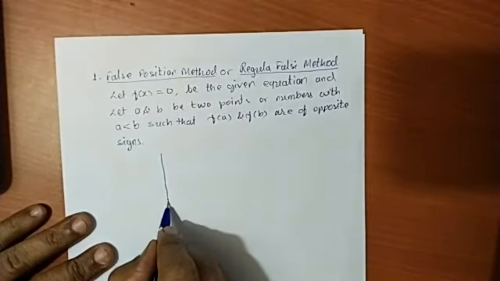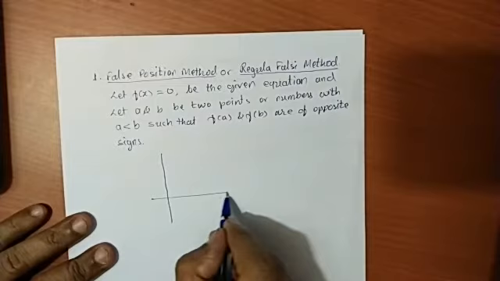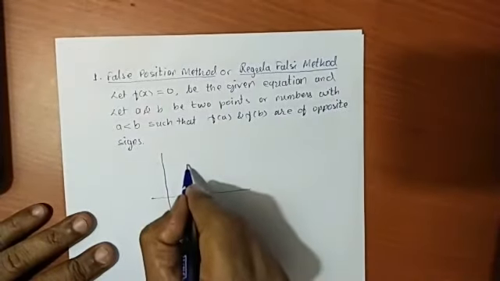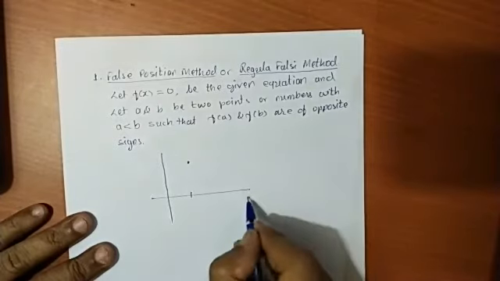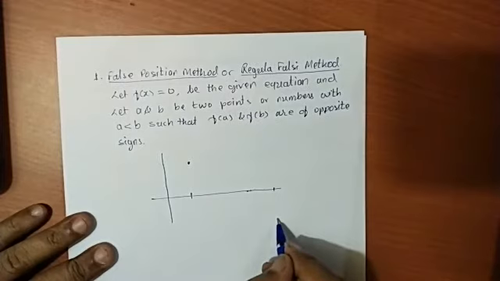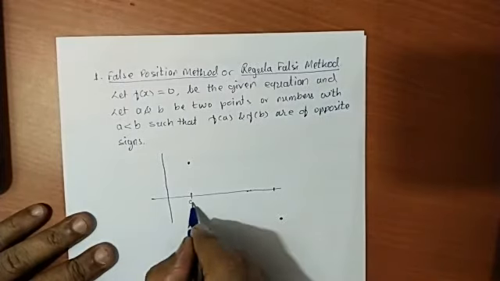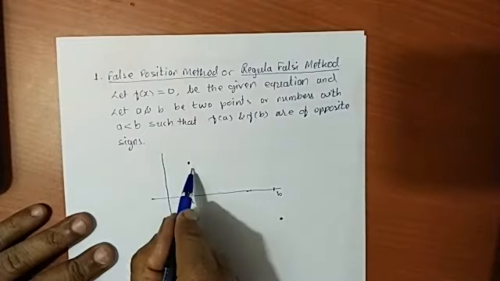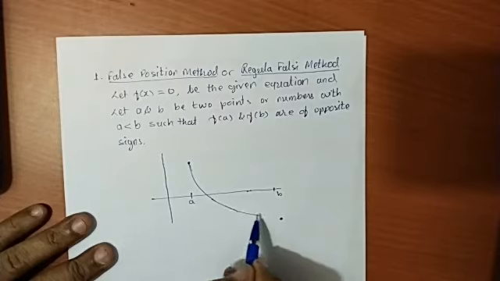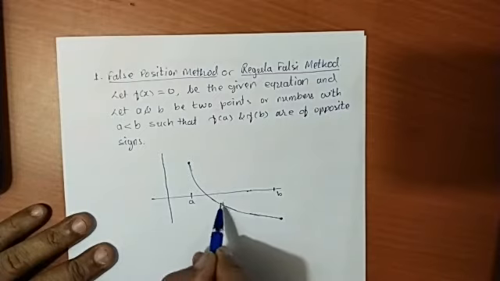Then, if I draw the figure, I assume f of a to be positive, f of b to be negative. So I draw the graph of the curve y equal to f of x. So this point is a, right? Then this point is say b. This is a, this is b. Now I'll join these two points by a smooth curve like this.